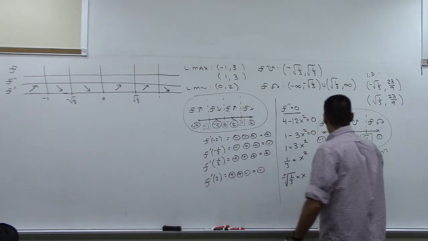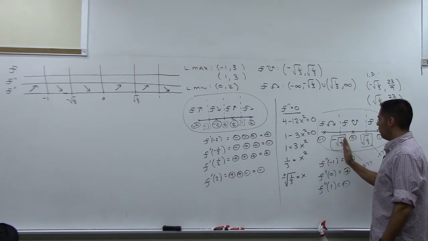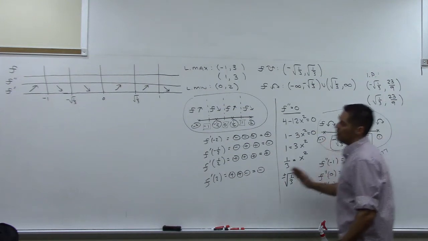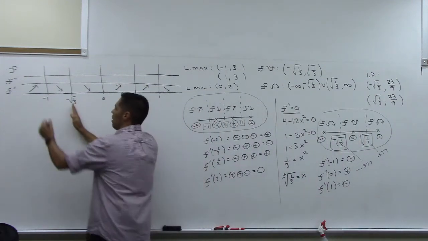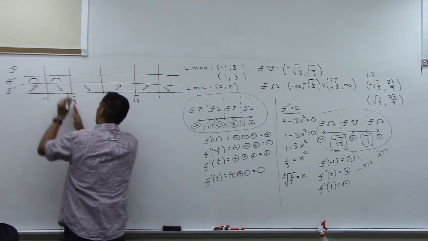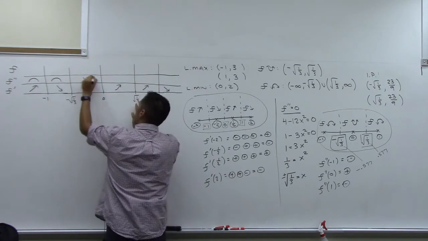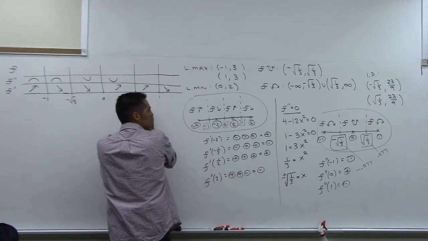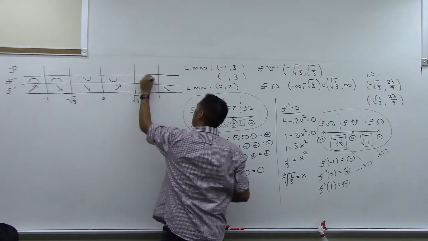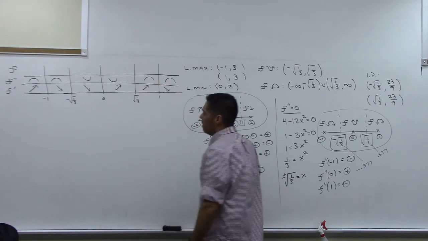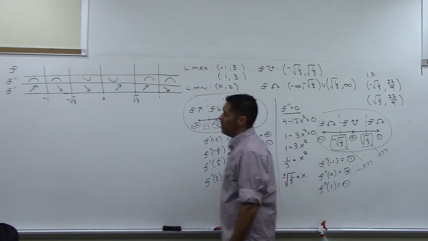Now the concavity: to the left of -√1/3, I'm concave down. Between this and this, I'm concave up. And then to the right of √1/3, I'm concave down again. Now we put those two pieces of information together.